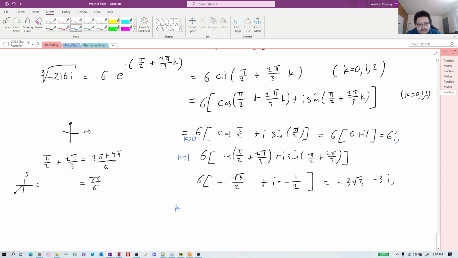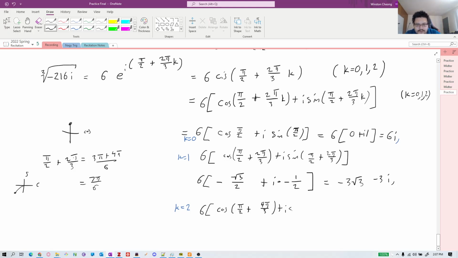And then we have a third solution for k equals 2. So this one we would have cosine of π/2 plus, this time, 4π/3. I'm plugging k equals 2 into this expression now.